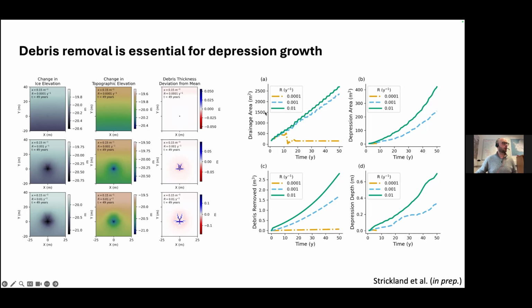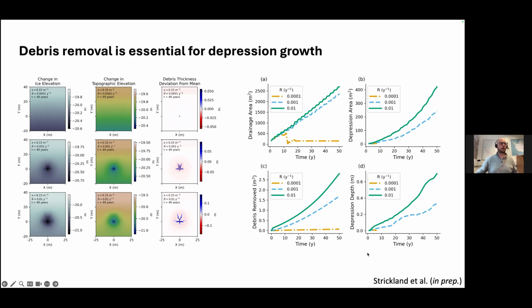The top row is a simulation with no debris or very, very slow debris removal at the sink point. And then the bottom row here simulates a higher rate of debris removal at the sink point. And what we can see is that the depression grows larger when we allow debris removal at that sink point.